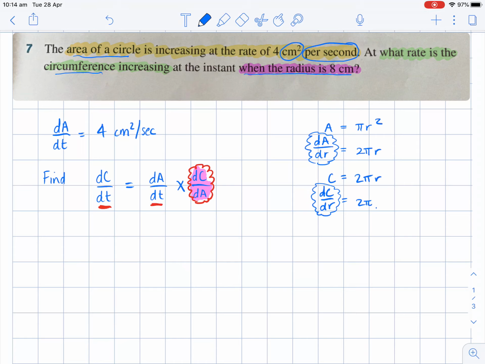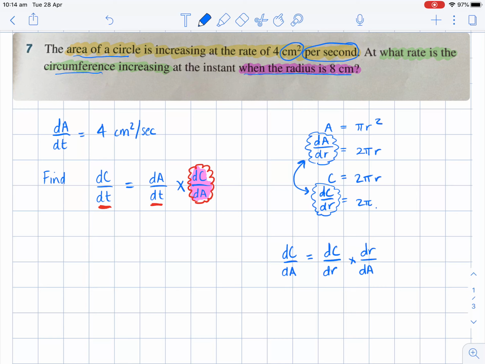Well, rather than doing the rearrangement that I did in the last video, why don't I put these two expressions together? I'm trying to find out the derivative or the rate that is dC/dA. And if I want to find dC/dA, well, I could do dC/dr times dr/dA.